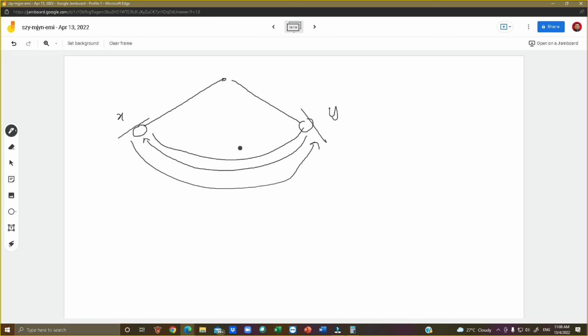Why it happens like this is because of a property known as potential energy. Potential energy, or PE, is height times weight.